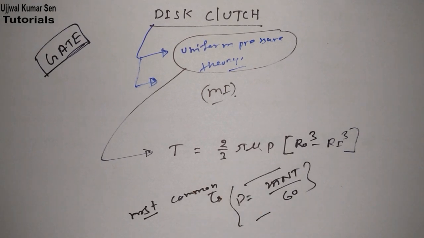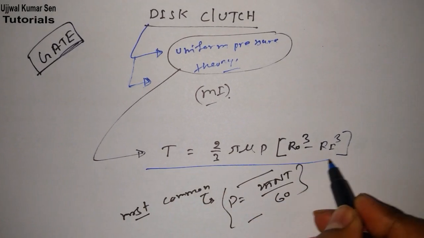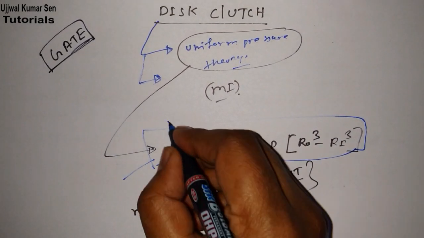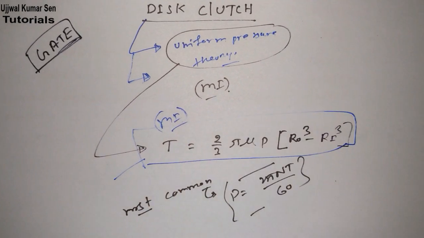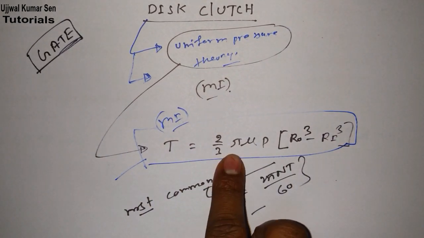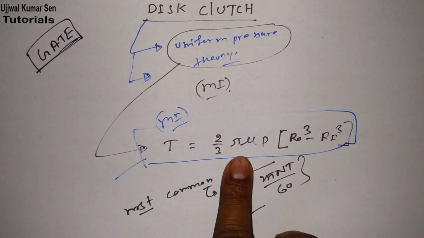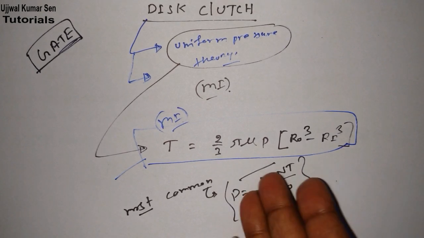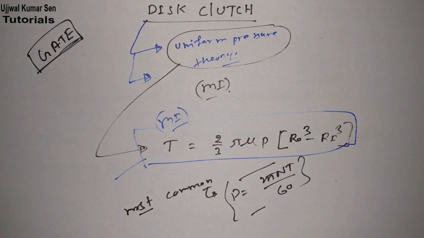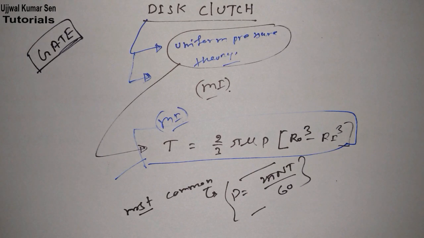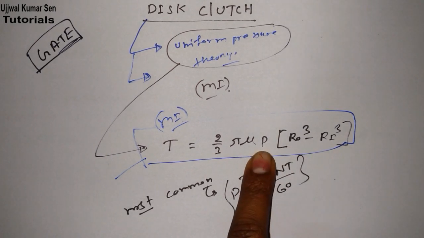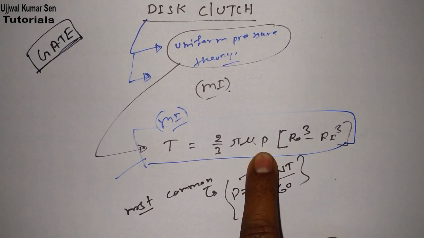Now, the most important thing in the case of uniform pressure theory is this formula. What is 2 by 3? Pi is 3.14; you can also get the pi symbol in an online calculator. Mu is the coefficient of friction. P is pressure, which is why it is the formula of uniform pressure theory.